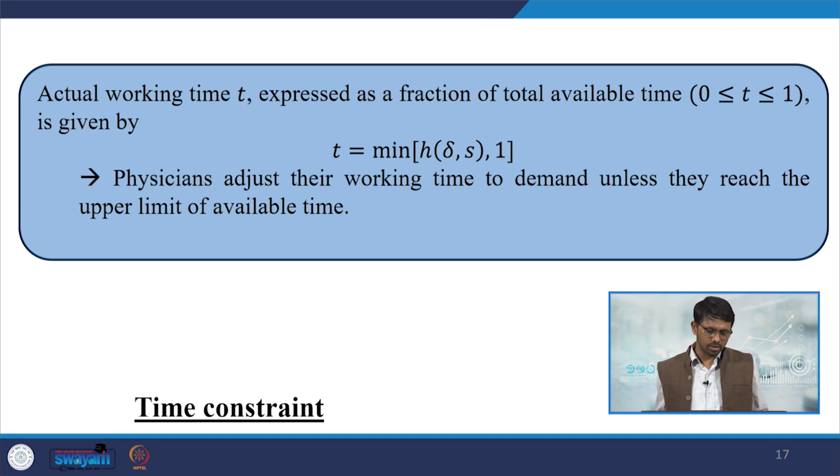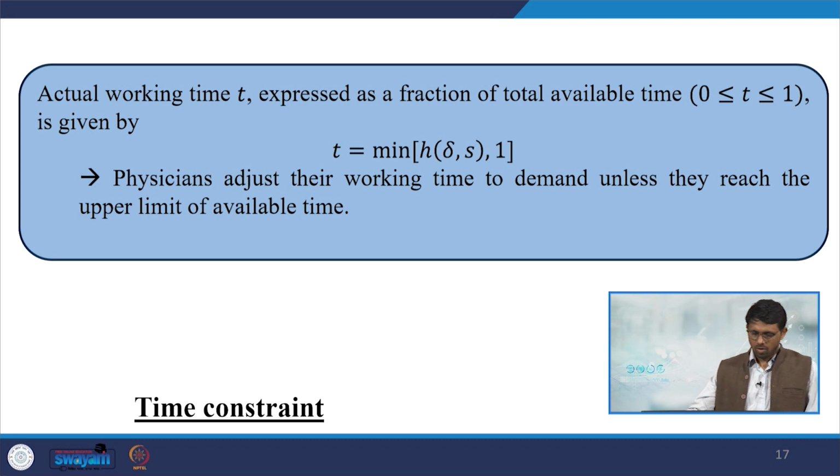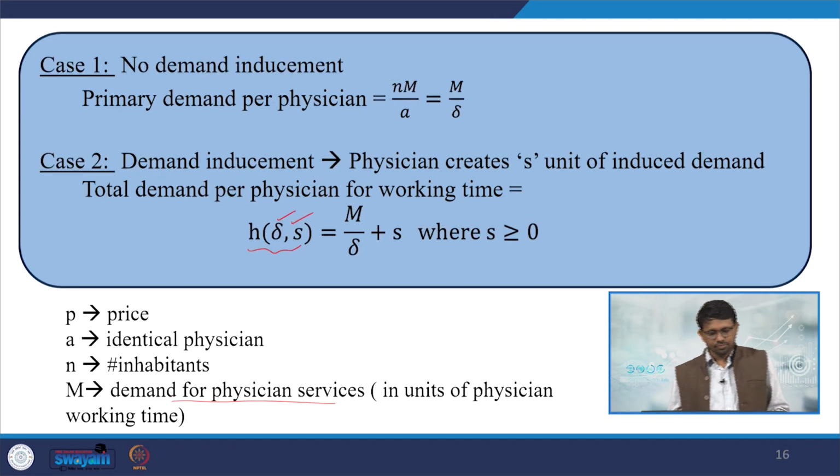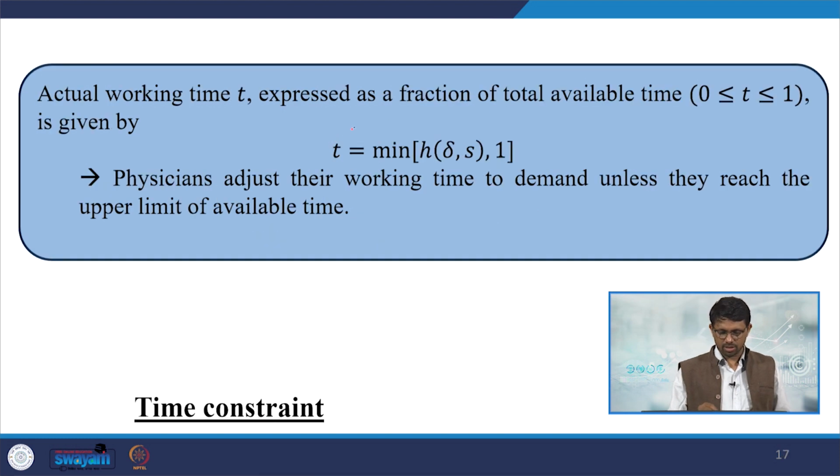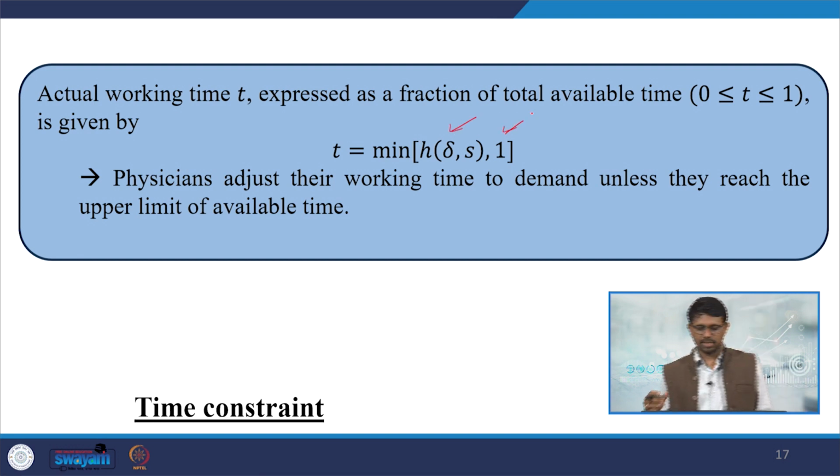Hence, it is presented as the minimum of the total demand. The allocation of T, or the time required from the doctors, will be the minimum of this or 1, whichever is the minimum, that time has to be allocated.